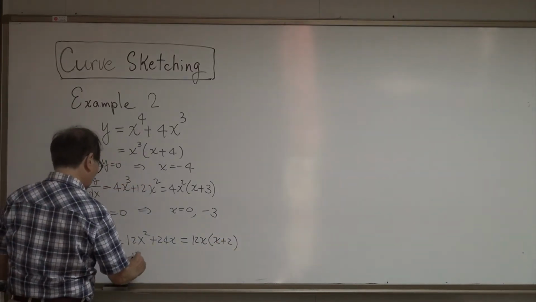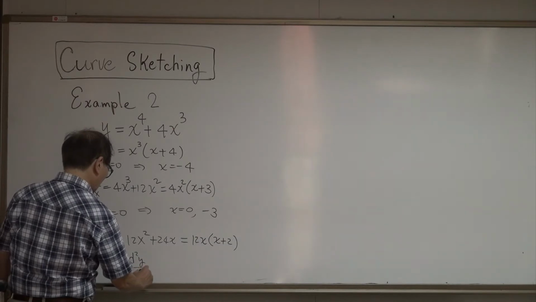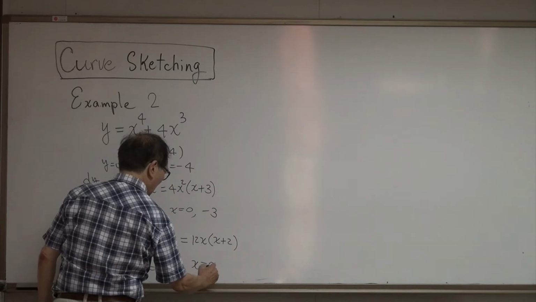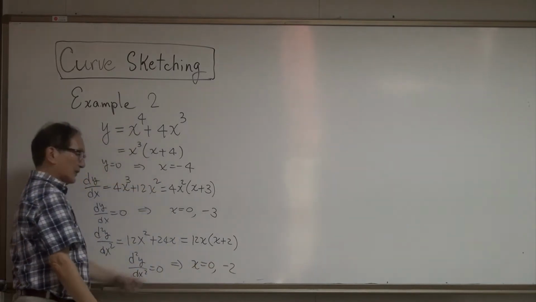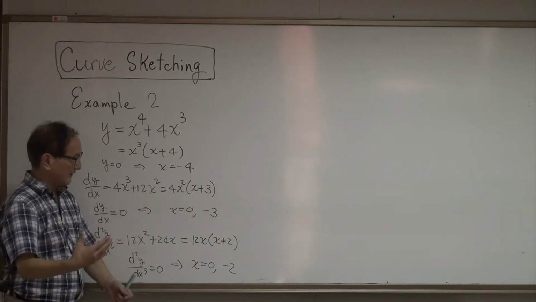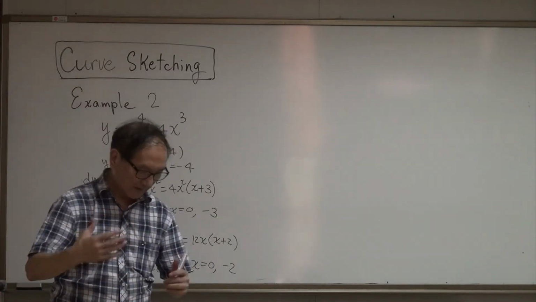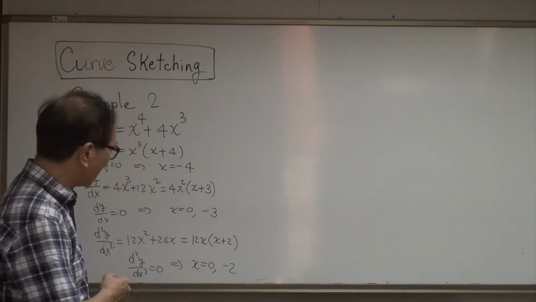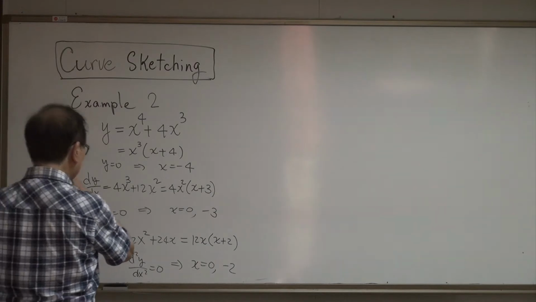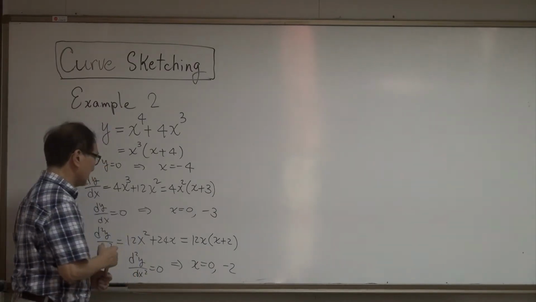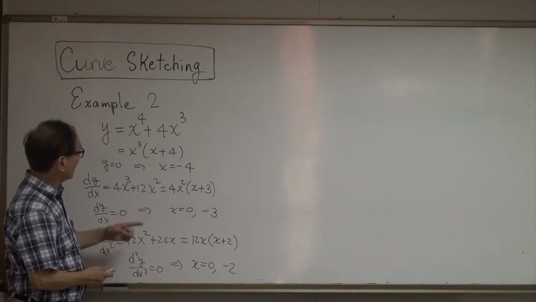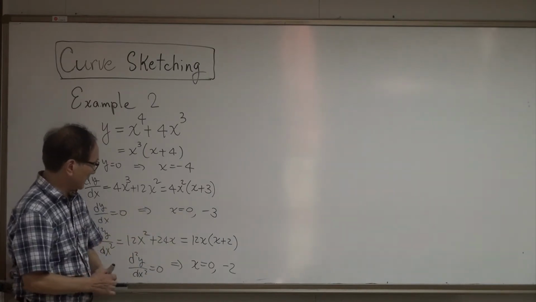So when the second derivative equals 0, it means that x equal to 0 or x equal to minus 2. So these are points that might be useful for us in sketching the curve. Is there any other point we should discuss? No. So we have these points.